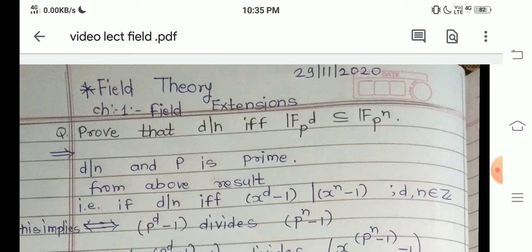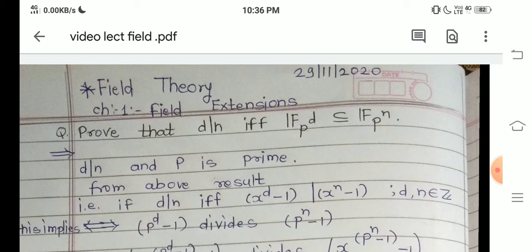Now we will take these elements p^d minus 1 and p^n minus 1 as powers of x. This implies that x^(p^d minus 1) minus 1 divides x^(p^n minus 1) minus 1.